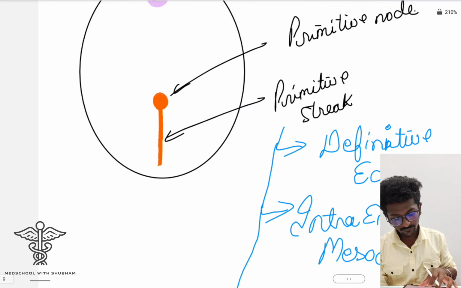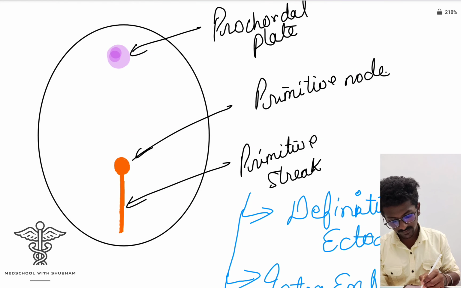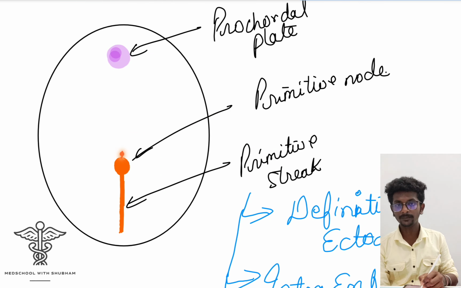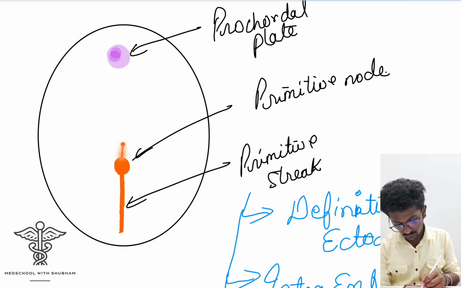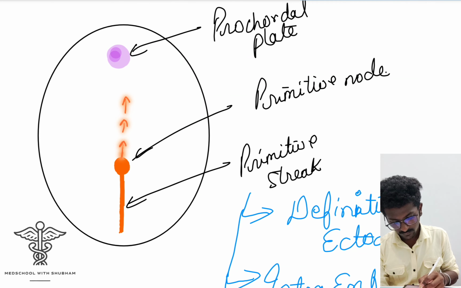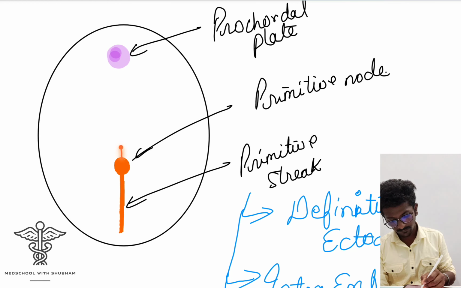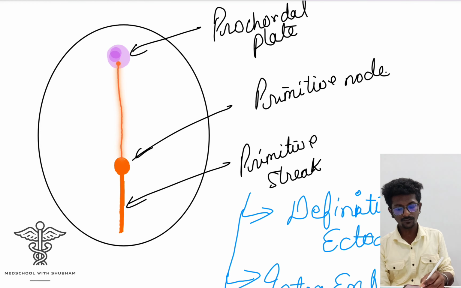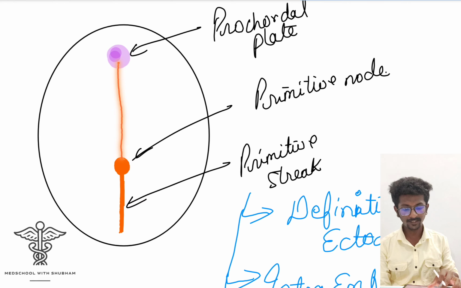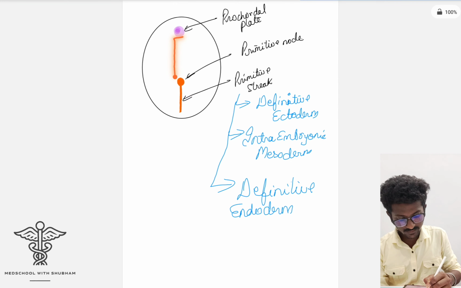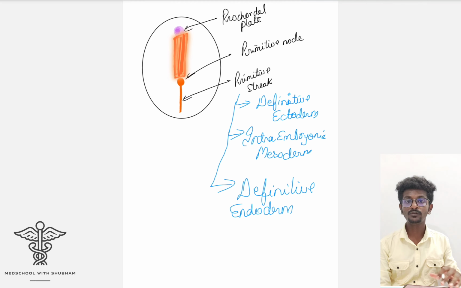Means what? It will start from the primitive node and then it will run towards the prochordal plate, till the prochordal plate. So a new structure will be formed in this region, which is called the notochord.